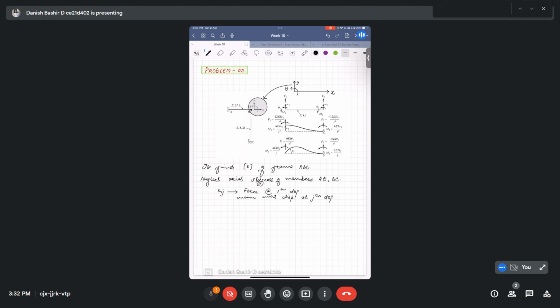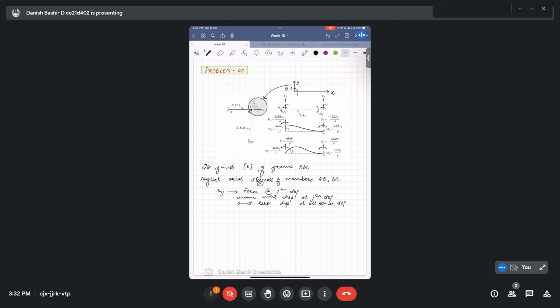This is the formula. This is what is contained in this Kij term: unit displacement at the jth degree of freedom and zero displacement at all other degrees of freedom. Okay, all other degrees of freedom.